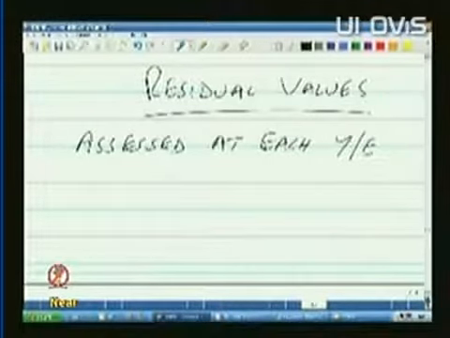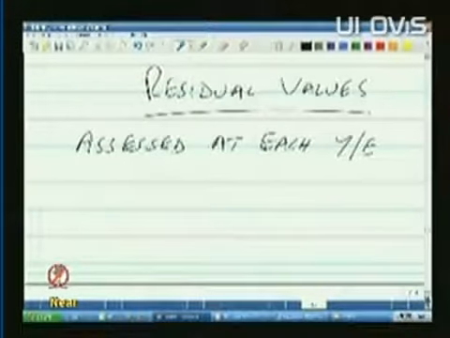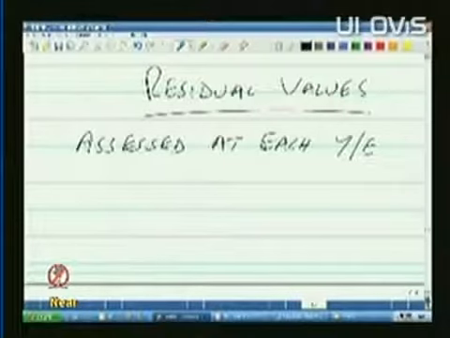Okay, so what are the actual consequences of this? Well, if I was to buy an asset for 1,000, say, and at that point give it a residual value of 100, this would be what I expect to be able to sell this asset for at the end of its useful life.